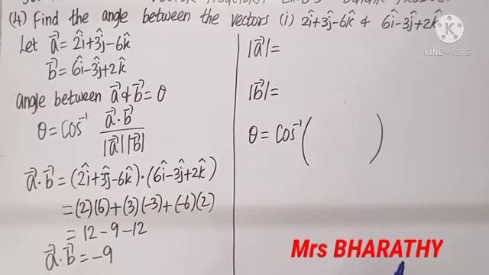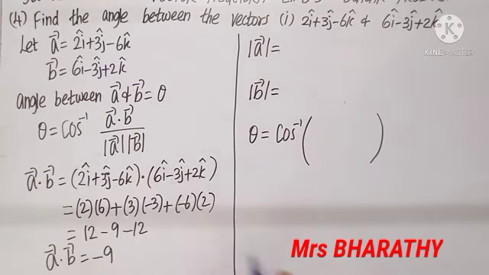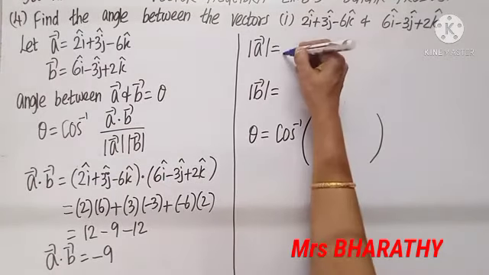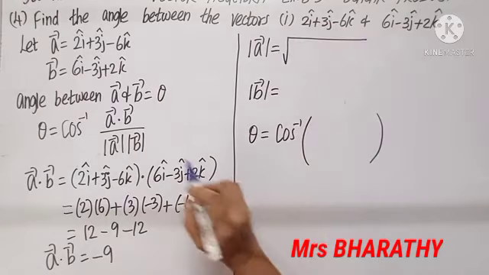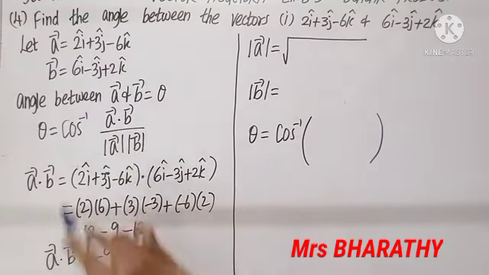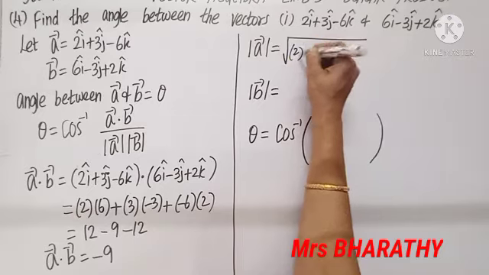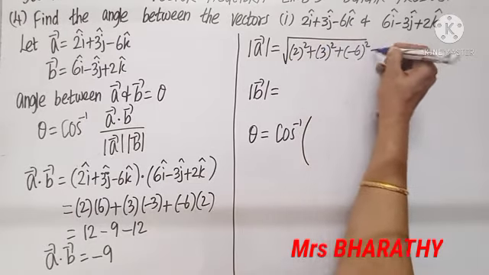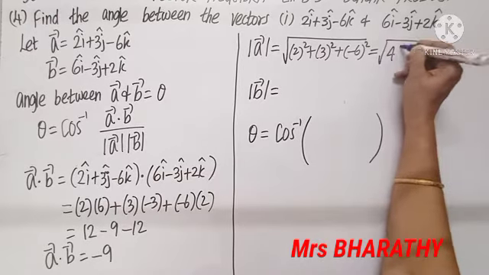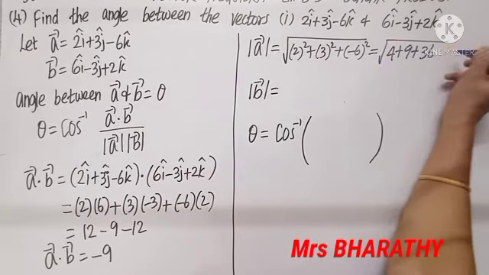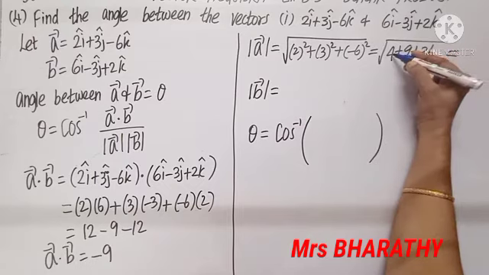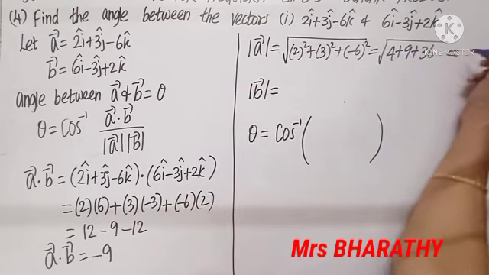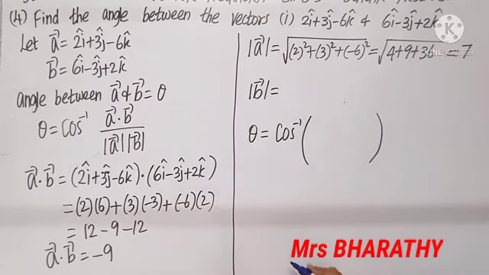The next step, let us find out modulus of A. Modulus of A is root of, add the squares of the components, 2 square plus 3 square plus minus 6 the whole square, that is 4 plus 9 plus 36. 36 plus 4 is 40, plus 9 is 49, and the square root is 7.